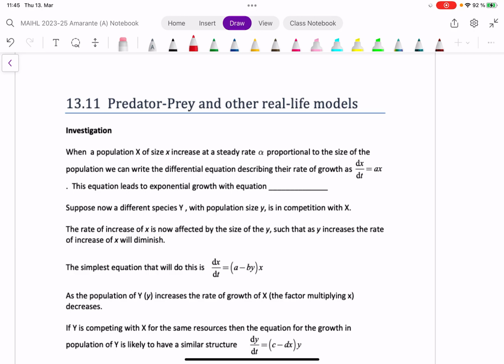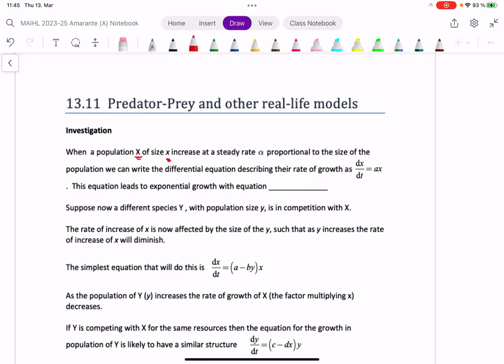It says when a population X of size x, so the name of the population is X, and it has a size of some specific value of x, increases at a steady rate, which we'll call alpha, proportional to the size of the population.